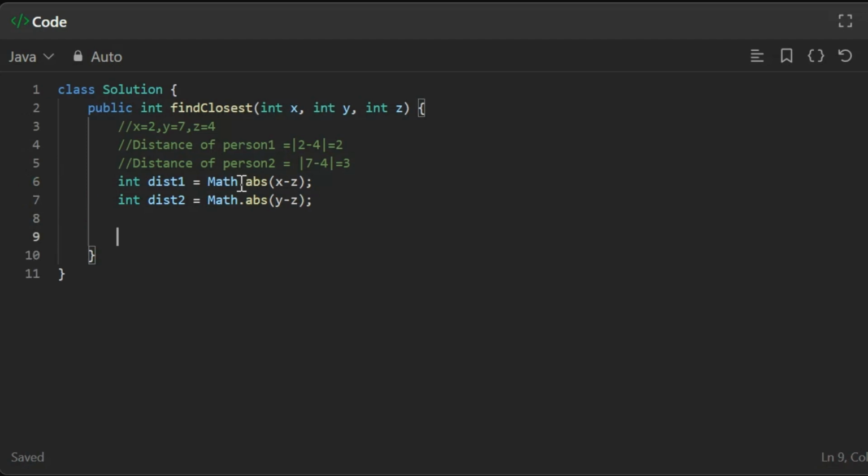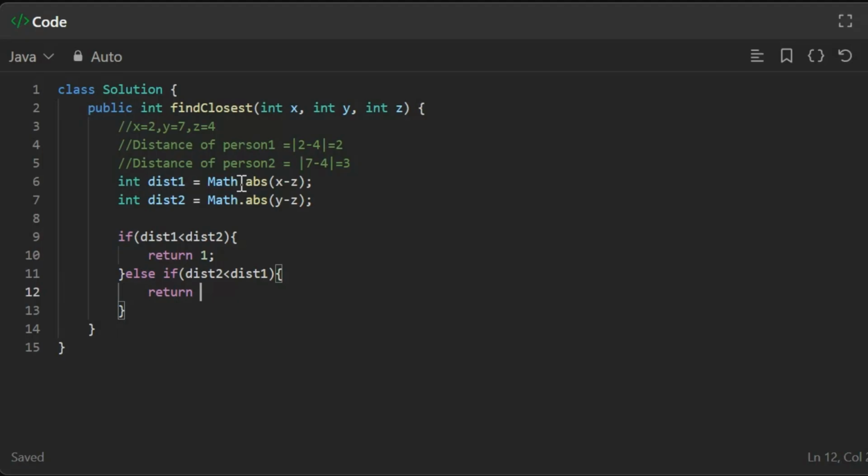Now we'll check if distance 1 is smaller than distance 2, then we simply return 1, else check if distance 2 is smaller than distance 1, then we return 2, otherwise we simply return 0.